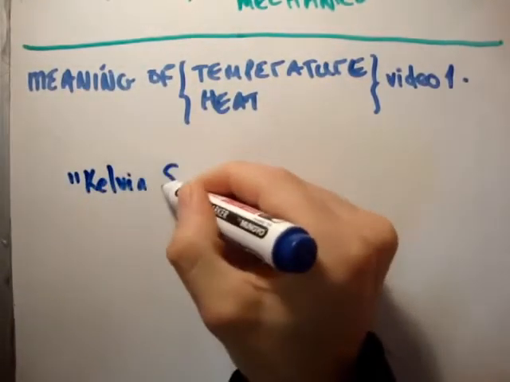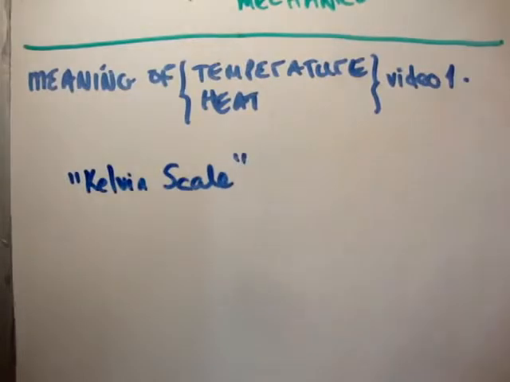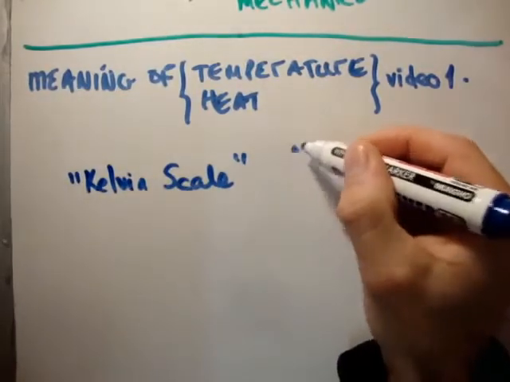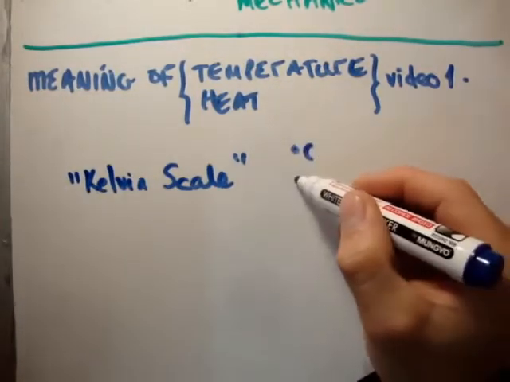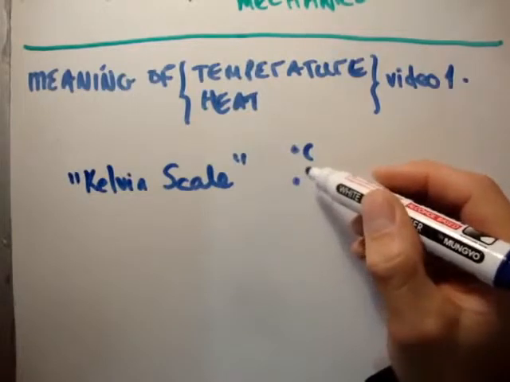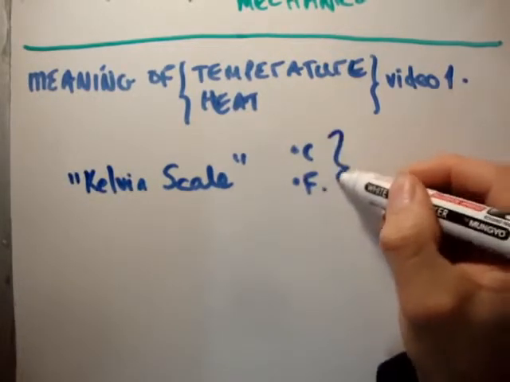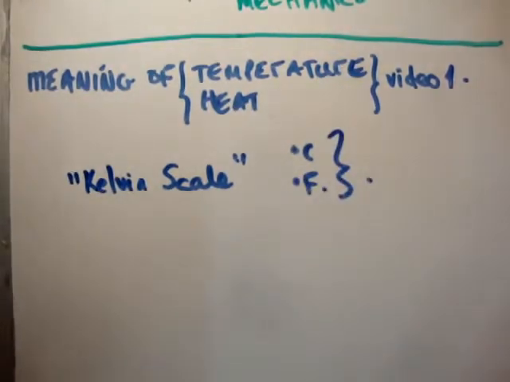The Kelvin scale. Alright? You may have heard of other ones. You may have degrees Celsius, or you would have heard of degrees Fahrenheit. Okay, there are other ones, but they're very arbitrary.